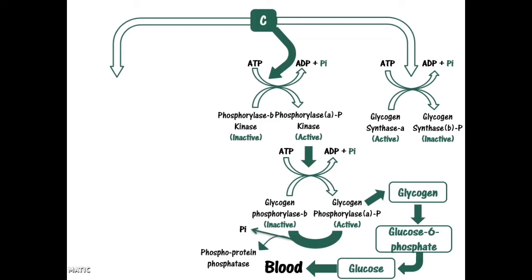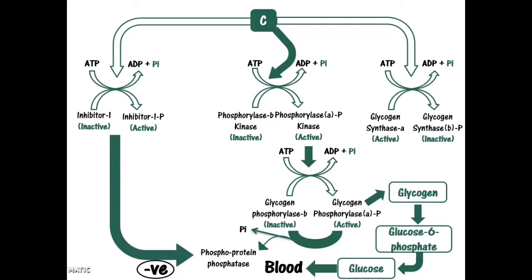But the problem is that there is an enzyme named phosphoprotein phosphatase that at any time could remove all the phosphorylations that occurred, reversing the end result, the activation of glycogenolysis. For that reason, the protein kinase will work on inactivating this phosphatase by phosphorylating inhibitor 1. Inhibitor 1 will exert a negative effect on the phosphoprotein phosphatase by inactivating it.